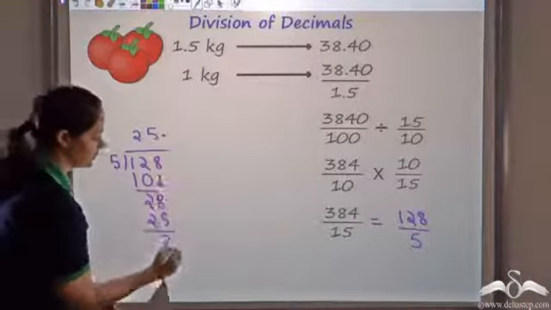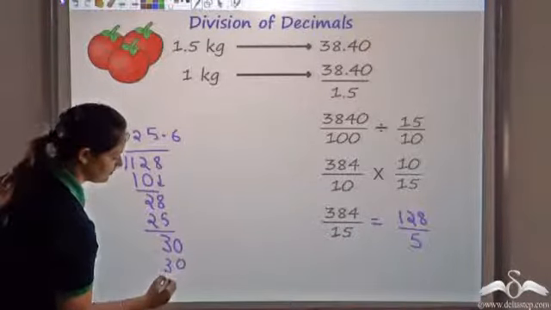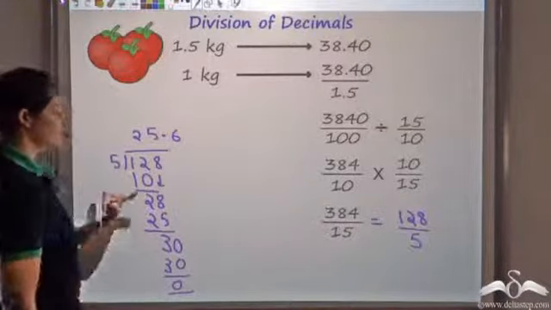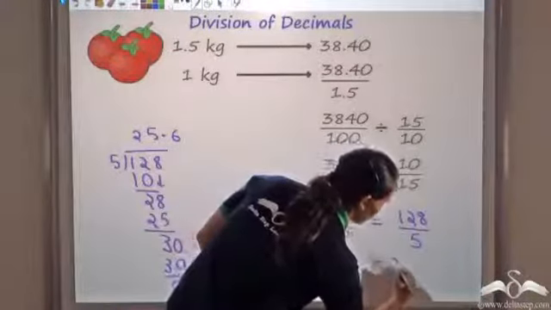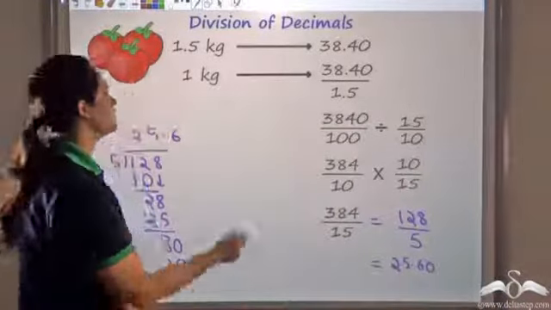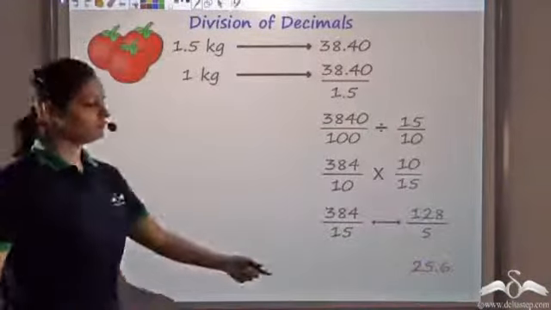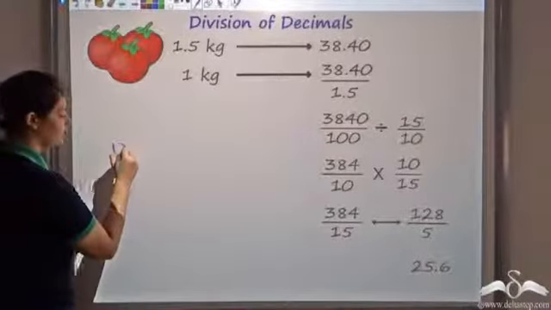Placing a decimal, this becomes 0, 6. So dividing 128 by 5, I get 25.6 or 25.60.